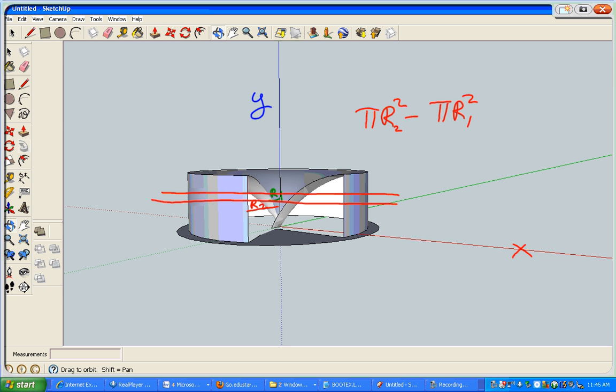So there's the X-axis, there's the Y-axis. Agreed? Yep. So am I doing a dx or a dy? I'll take that. Are you with me on that part? Yeah.